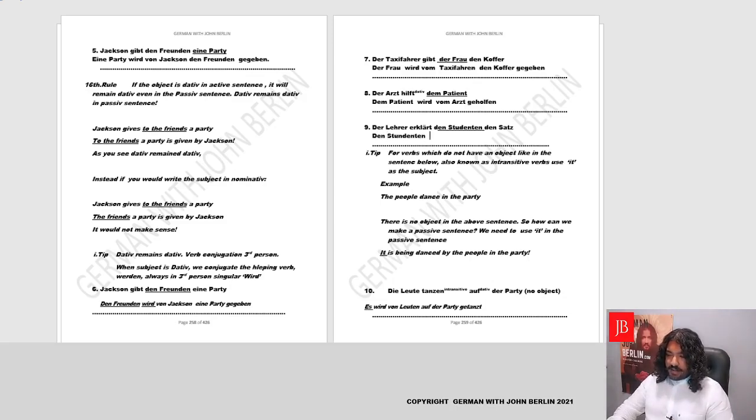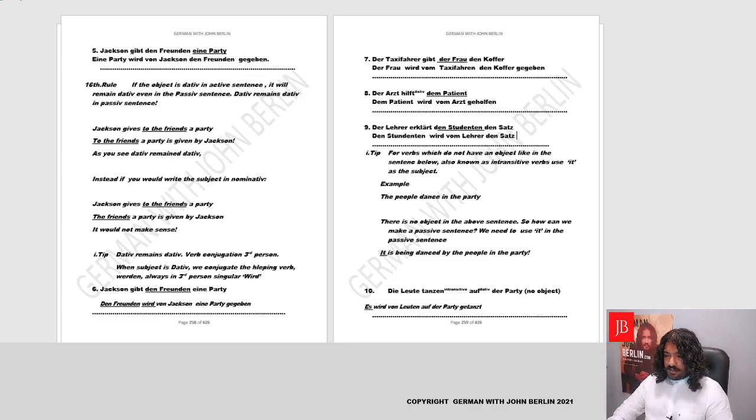The helping verb is werden and it'll be conjugated in third person, irrespective of whether this is plural or not. We'll still say den Studenten wird. Very good. Von dem Lehrer, or we could write vom Lehrer, saves us a little space. What is explained? Den Satz. That'll remain accusative.